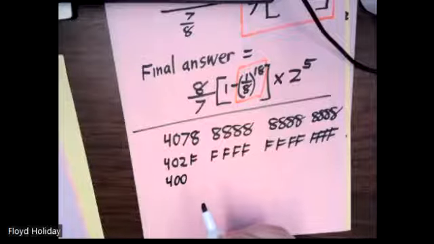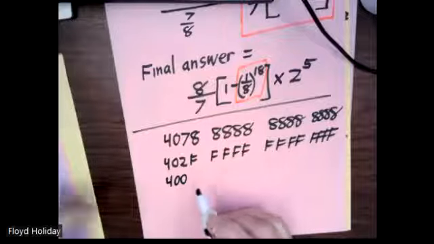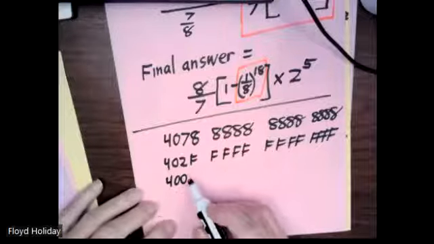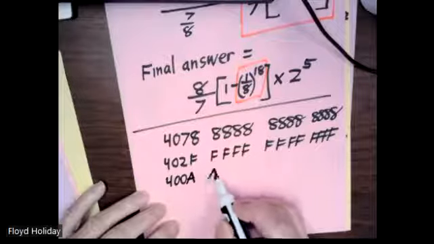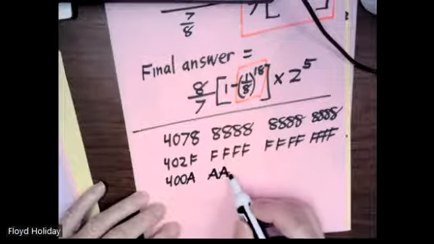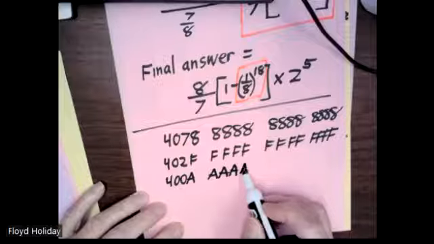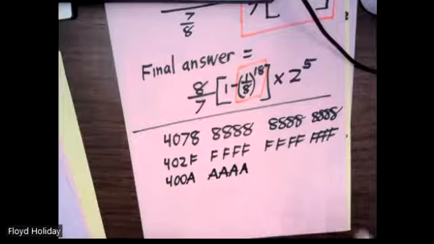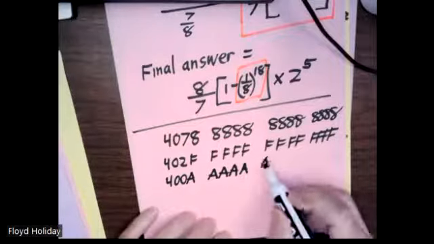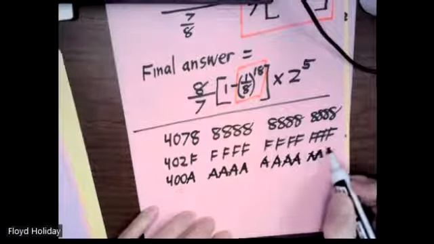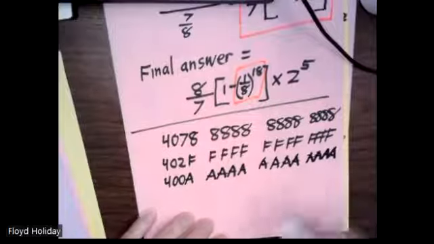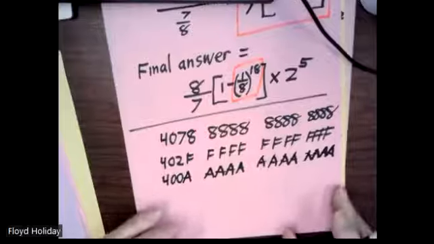There was something else I was thinking of. I can't remember it now. A. A is 1010. See, so it forms a pattern 10101010. Same technique. Yeah, that's not hard.